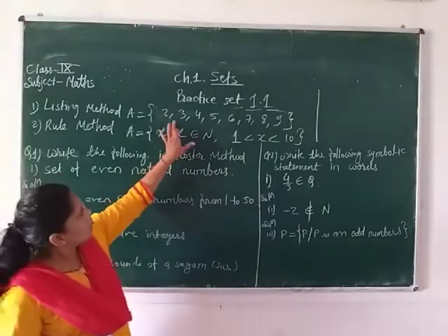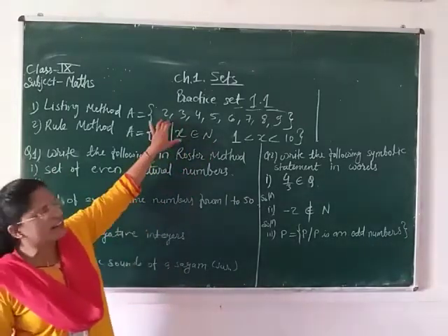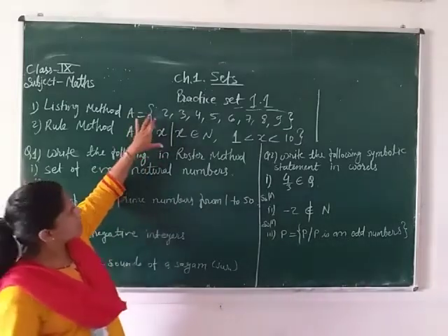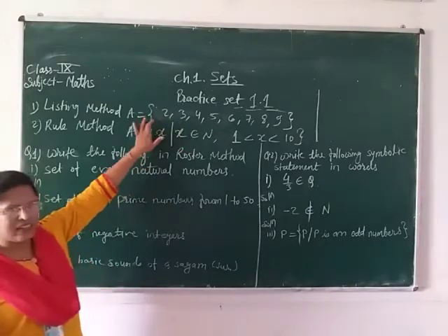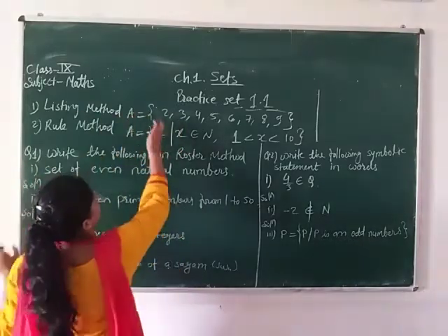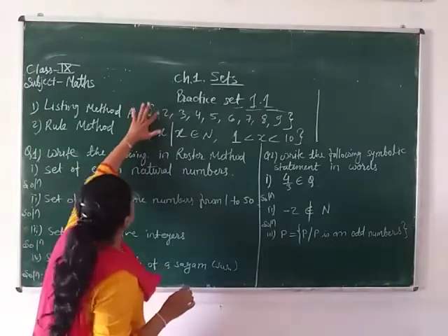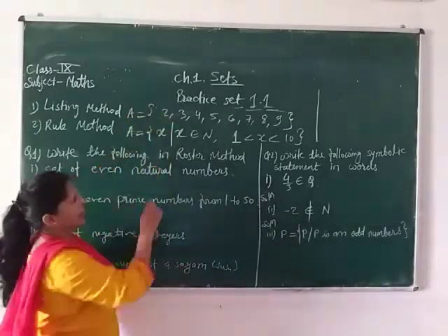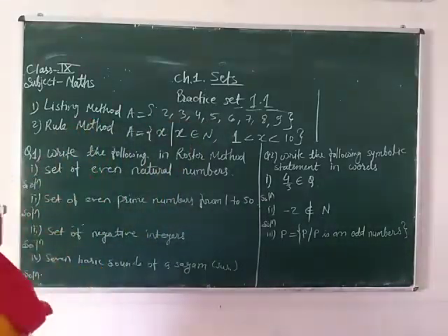Even if an element occurs more than once, it is necessary to write it only once. Here we cannot repeat it, and the elements are separated by commas. That is the listing method.